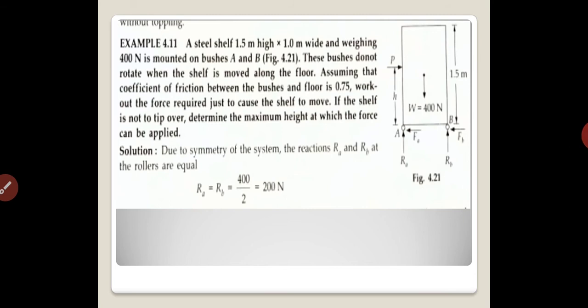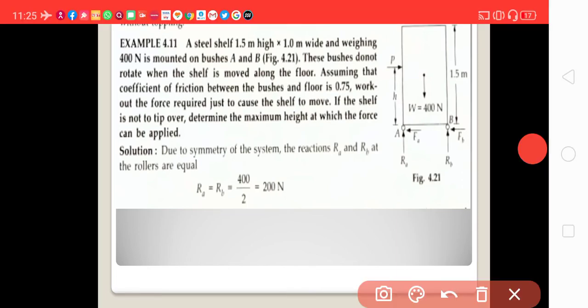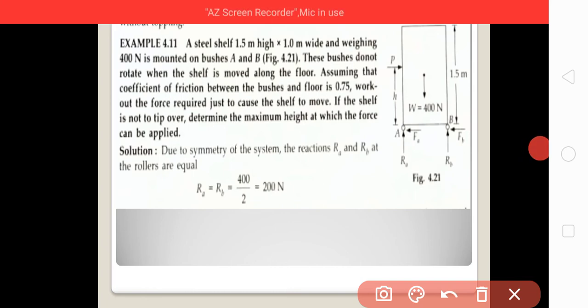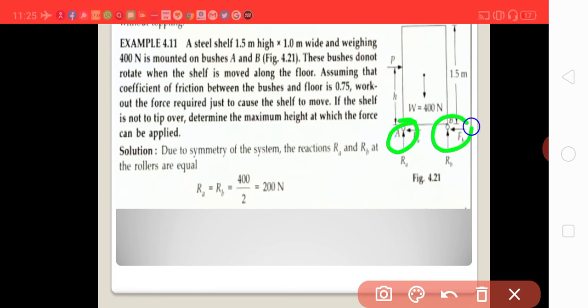A steel shelf of 1.5 meter height and 1 meter wide and weighing 400 Newton is mounted on bushes A and B. These are the bushes, this one bush is here. These bushes do not rotate.